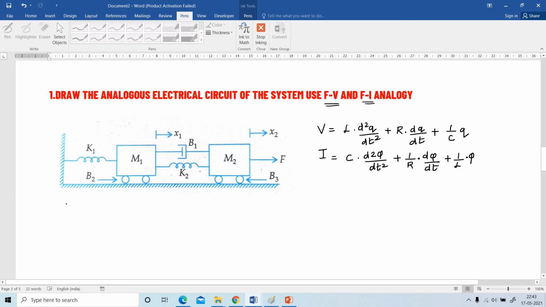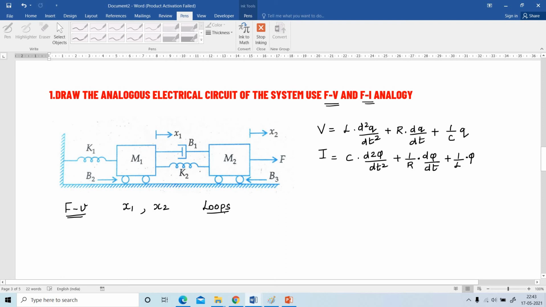First of all, I am going to explain how to draw the electrical analogous circuit using the force voltage analogy. For the force voltage analogy, first of all we have to consider how many displacements there are. There are two displacements, x1 and x2, corresponding to two loops.